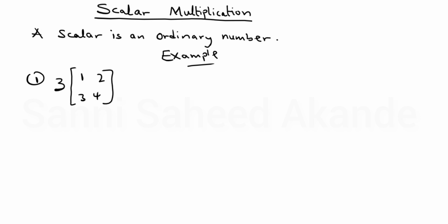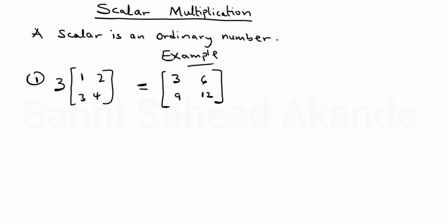What we are going to do here is just multiply all the numbers inside the bracket with 3. We did this in our previous class. 3 times 1 will give us 3, 3 times 2 is 6, 3 times 3 is 9, and 3 times 4 would be 12. This will be the final answer to question number 1.